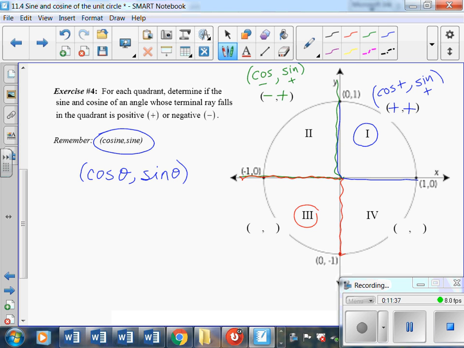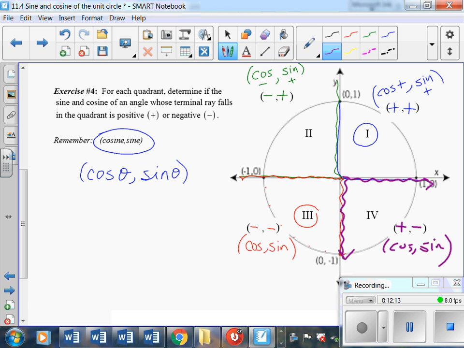So anything that falls on this point here is going to be a negative, negative, which means my cosine is negative and my sine is negative. And the last one is our fourth quadrant where my x stays positive, my y remains negative. So here it's going to be positive, negative, which means my cosine is positive and my sine is negative.